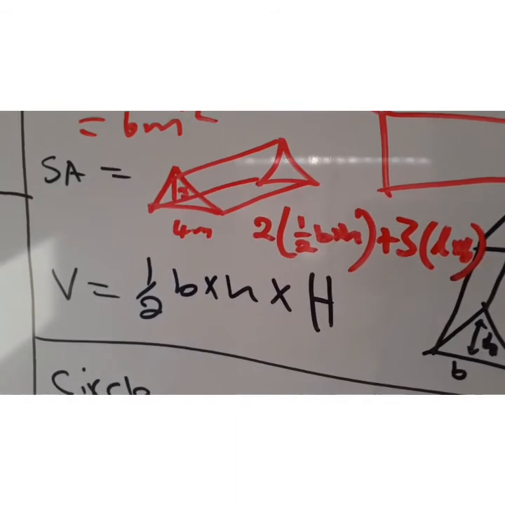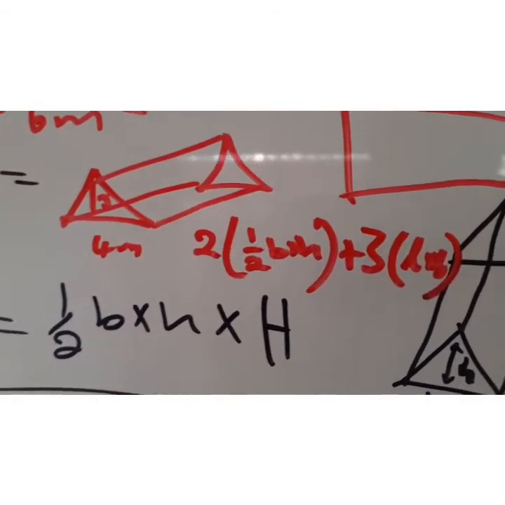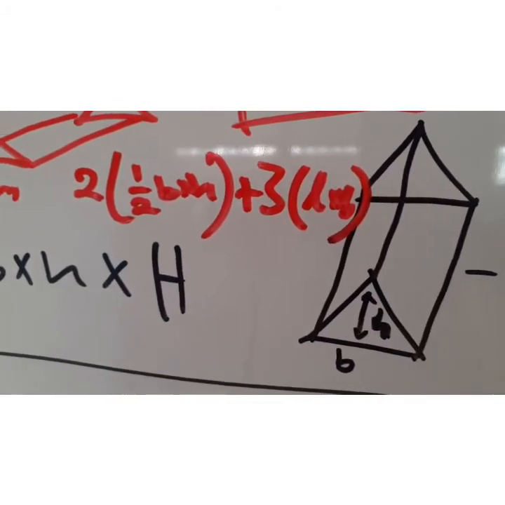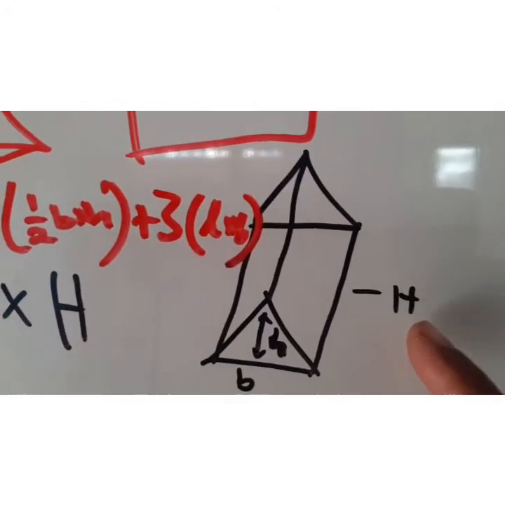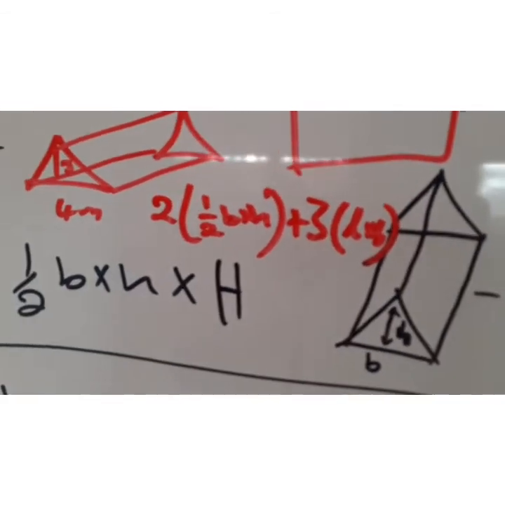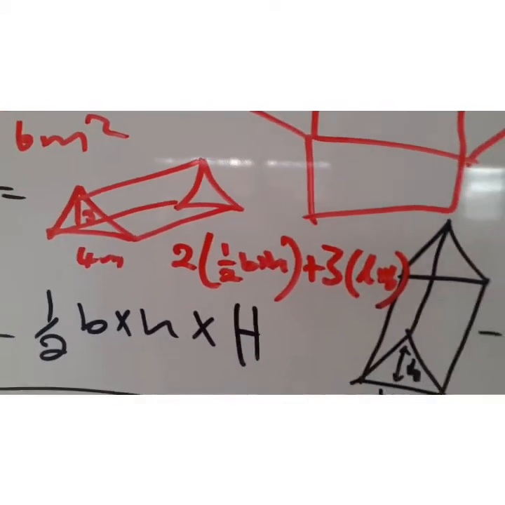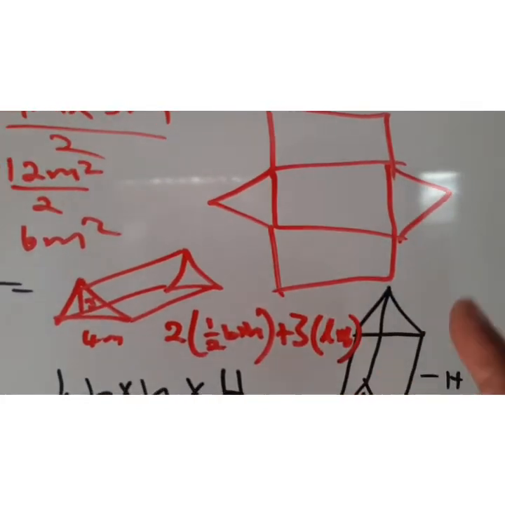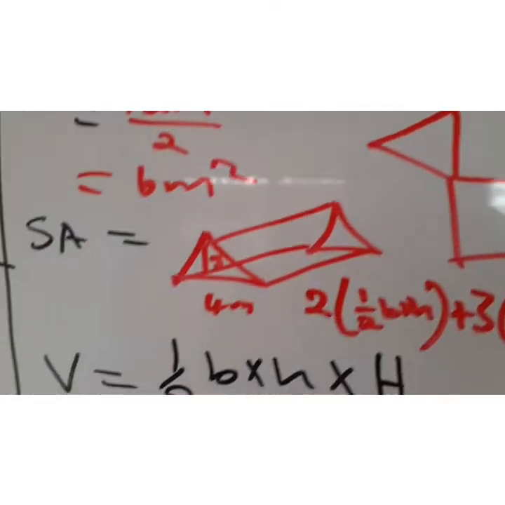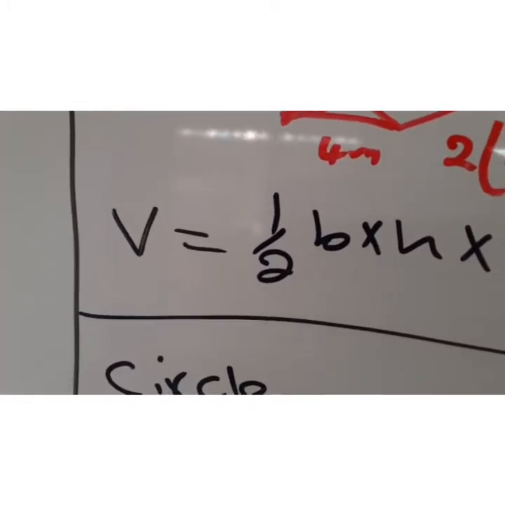Okay, now they'll also give you a formula with a capital letter H. Now the capital letter H would represent this long side here. Okay, but without any complicated formula, you can figure it out by doing a net diagram and manipulating your way around it. And also you have your volume.